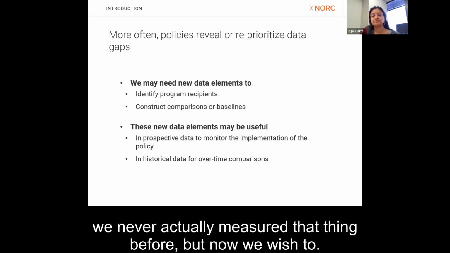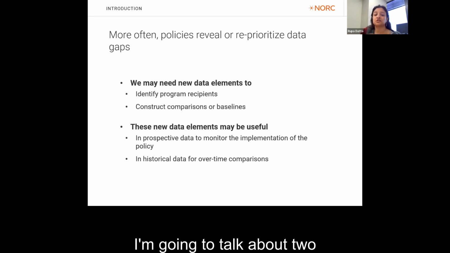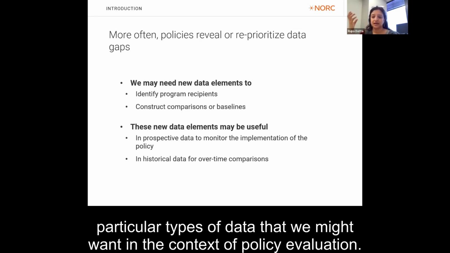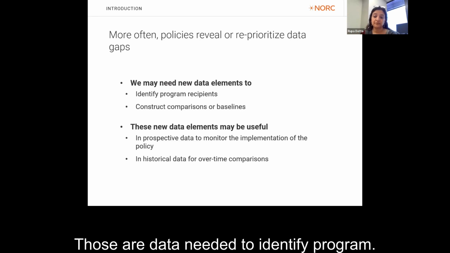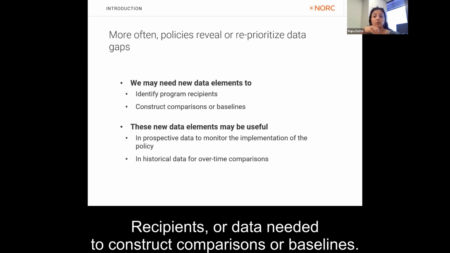I'm going to talk about two particular types of data that we might want in the context of policy evaluation. Those are data needed to identify program recipients or data needed to construct comparisons or baselines.